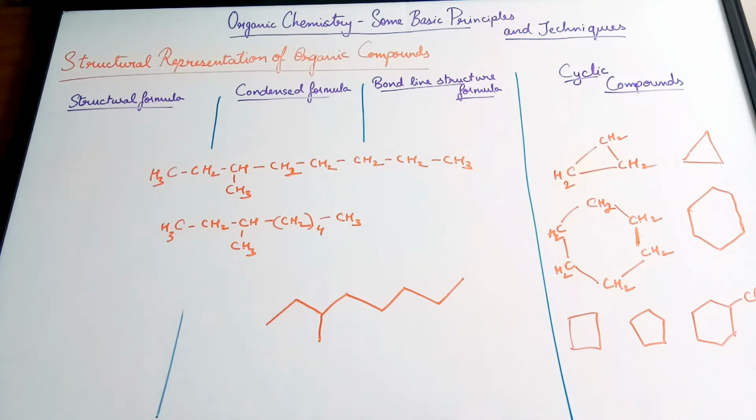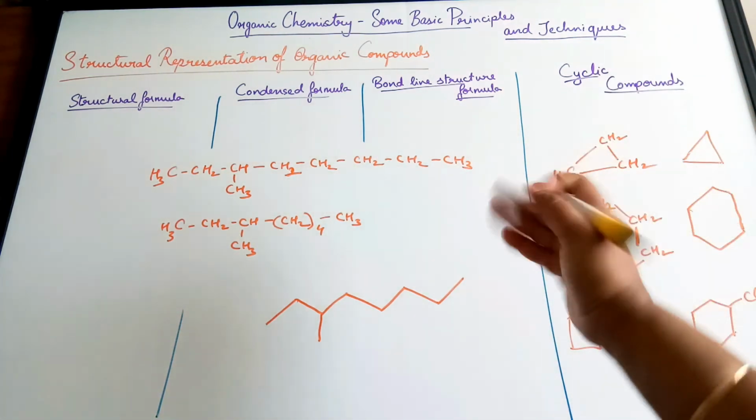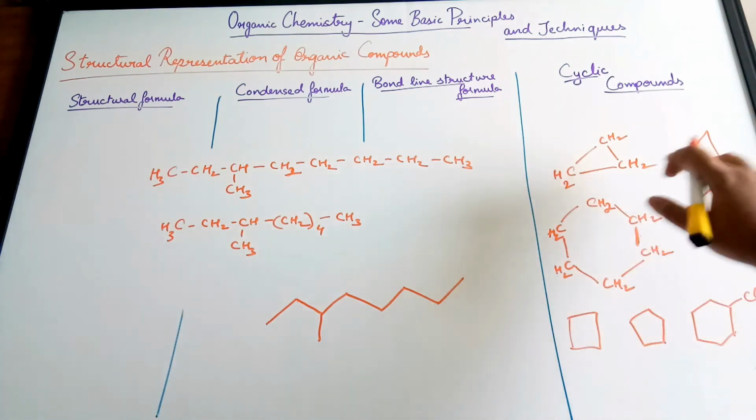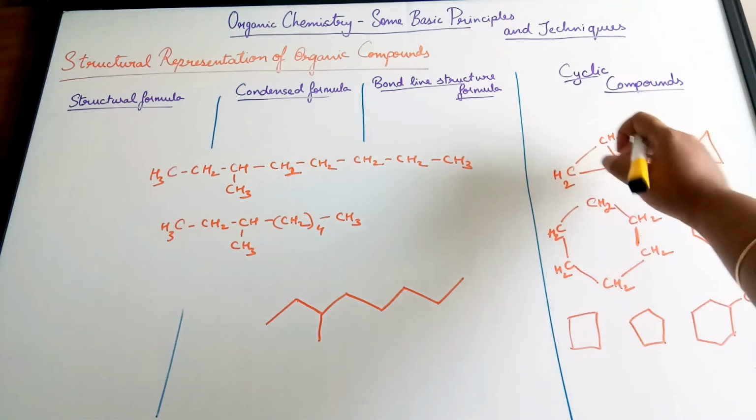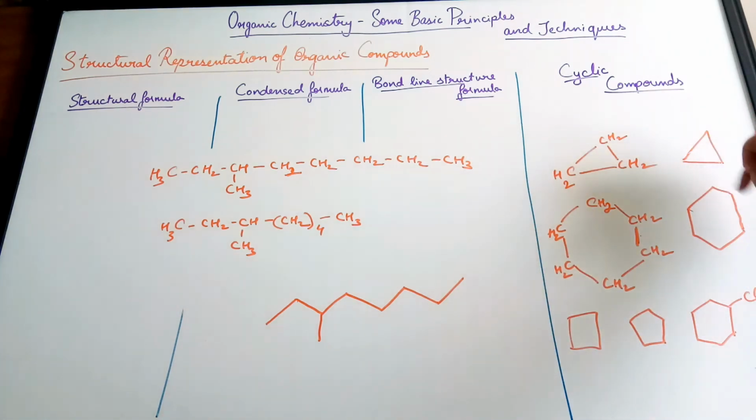Cyclic compounds are also represented in the form of the bond line structure formula, instead of writing the number of hydrogens on each of the carbons. In the next video, we will be talking about the 3-dimensional representation of organic compounds.